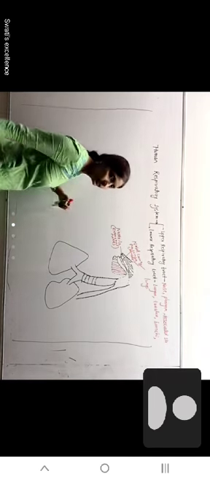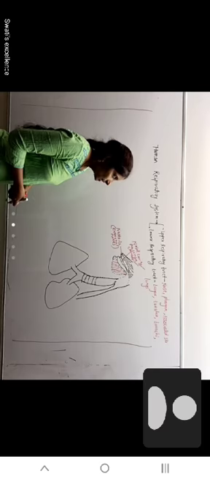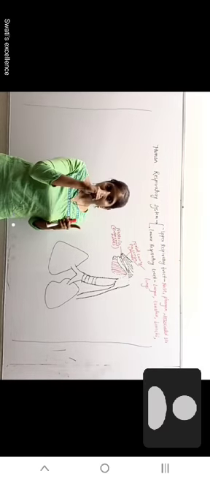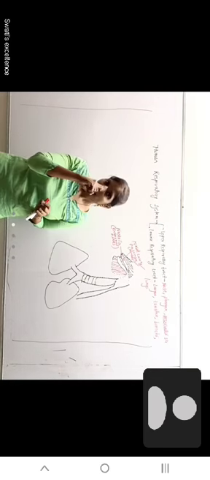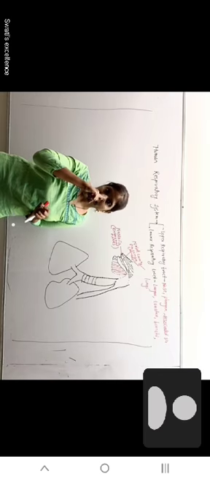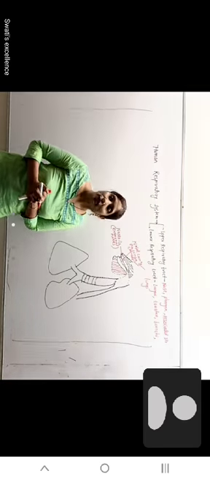Nostrils run into this cavity, which is called nasal cavity or nasal passage or nasal chamber. This nasal cavity is divided into right and left chamber because of the central cartilage, that is mesethmoid cartilage.